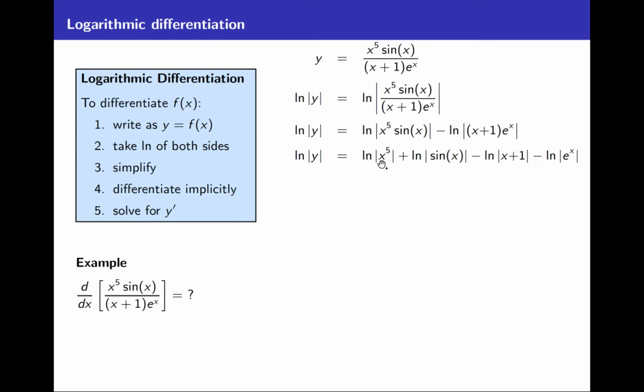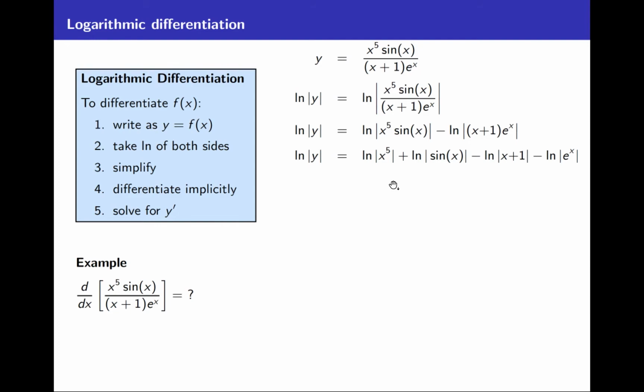That's ln of the absolute value of x to the 5th, plus ln of the absolute value of sine of x. And on this side, breaking that product up, that's ln of the absolute value of x plus 1, plus ln of the absolute value of e to the x, with the negative distributed in there.